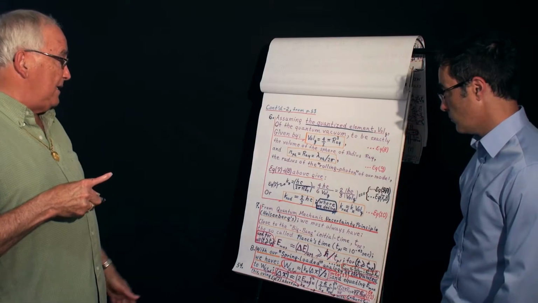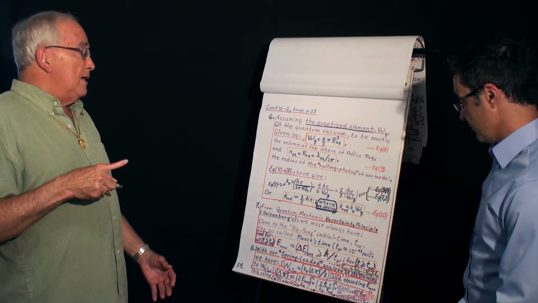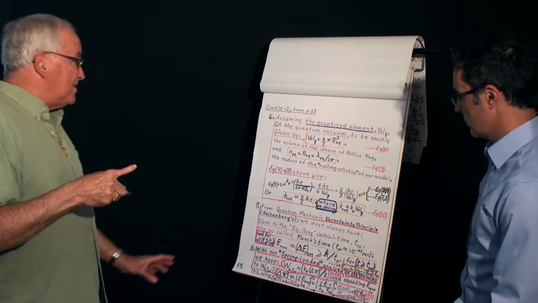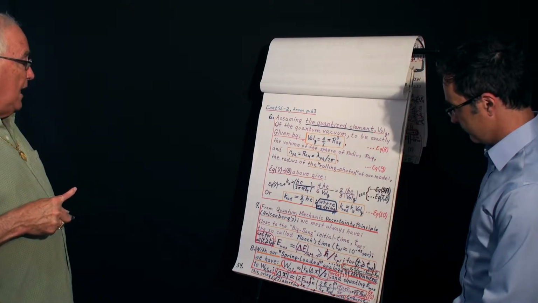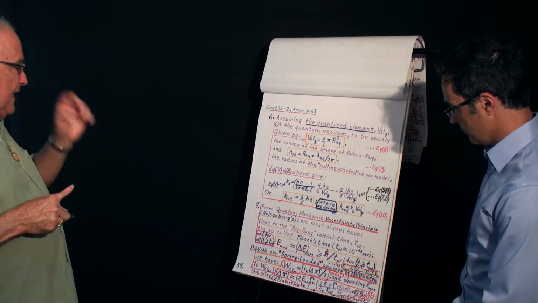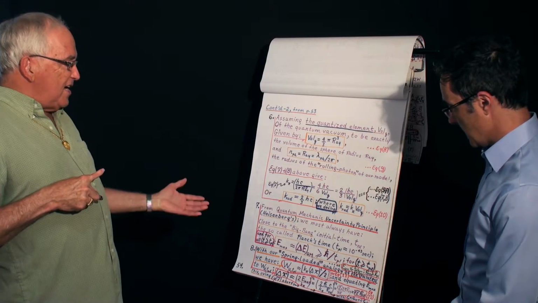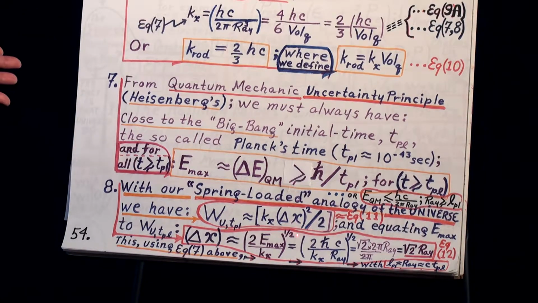This is just combining the equations for time greater than Planck's time, which is any time after this short time there. Okay, so we have the energy at this Planck's time, just with the elastic constant multiplied by the elongation of the initial spring.